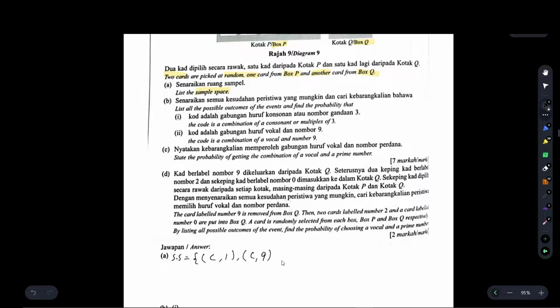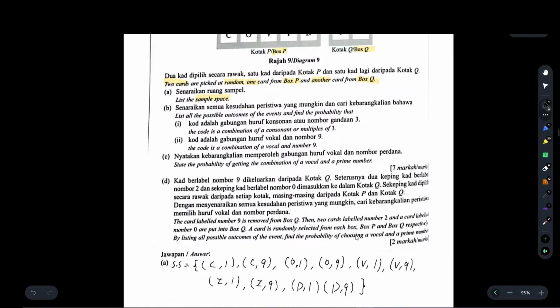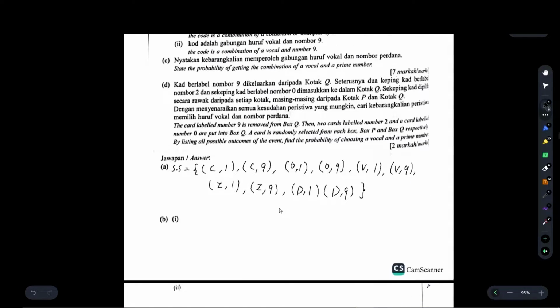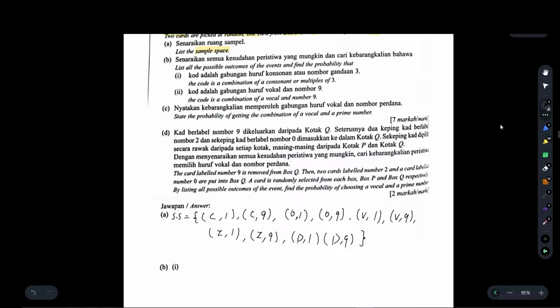Basically we just have to follow this pattern with the different alphabets in box P with the rest of it. And lastly D9. Okay, that's all. So we have 10 possible outcomes in total. That is the sample space.